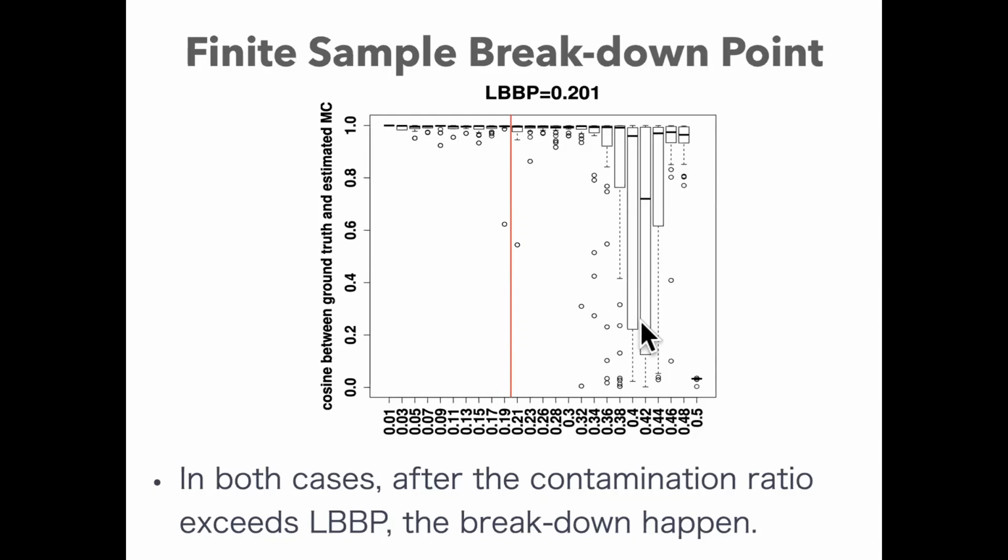The degeneration of the estimation is notable when the outlier ratio is about 0.4 or larger, and this is larger than the estimated lower bound of the breakdown point, 0.2. So we can use this lower bound of the breakdown point as a pessimistic evaluation of the acceptable outliers.